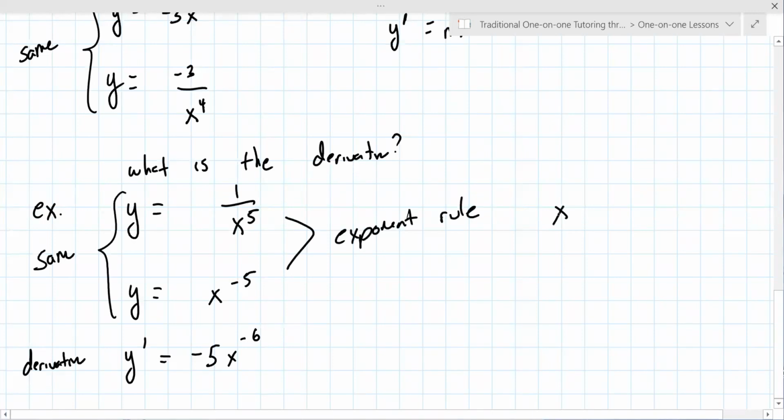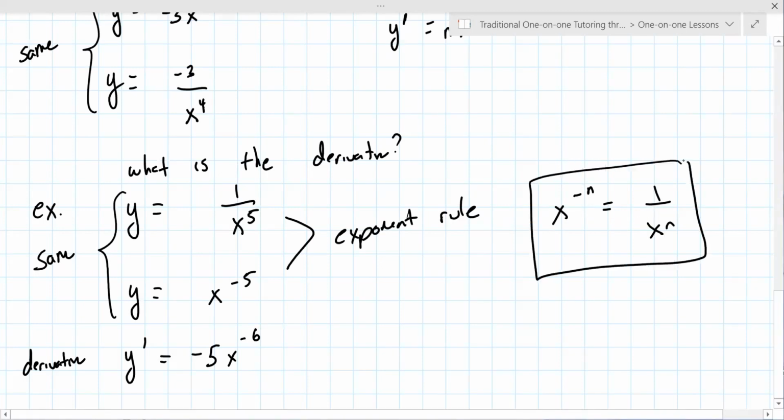If I give you x to the minus n, this equals 1 over x to the n. This is something you learned before calculus.